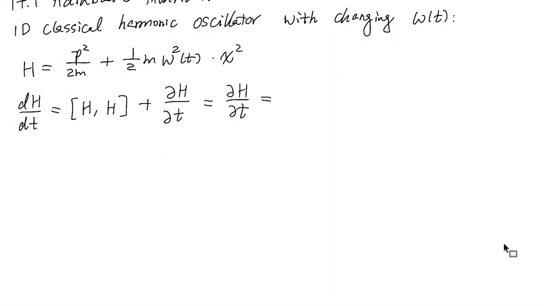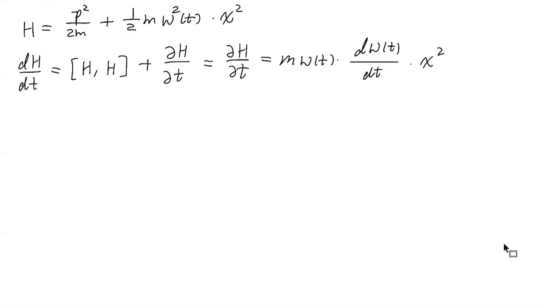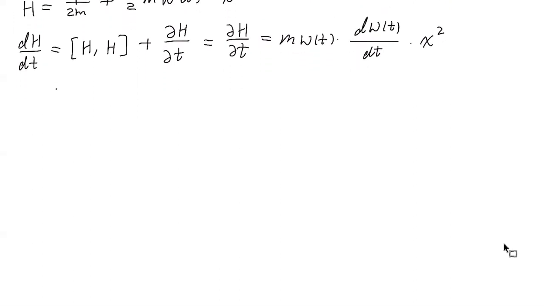The time dependence comes from the time dependence of omega. And this will give you m omega(t) times d omega/dt times x squared, right?